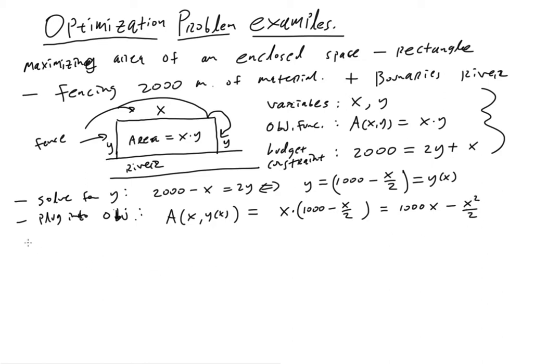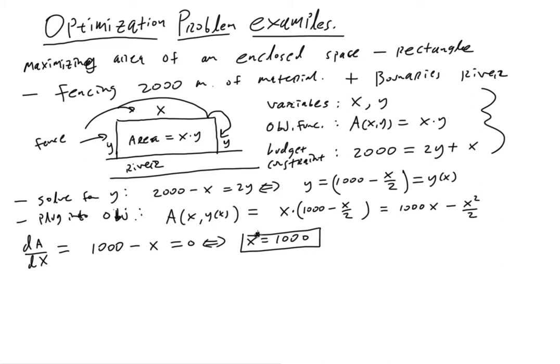All right, the next thing we need to do is, of course, maximize the area, and we do so by finding its zero derivative. So we take the derivative of the area function, and we're going to get 1,000 minus x. We're going to set that equal to 0, and it's pretty obvious here that x is going to equal 1,000. That's the only choice for x that's going to give us a critical value.